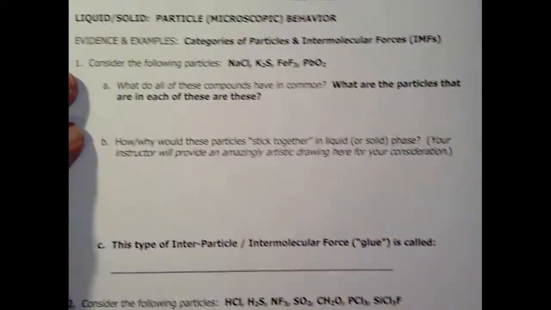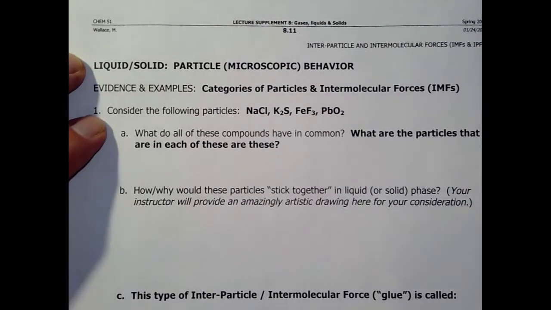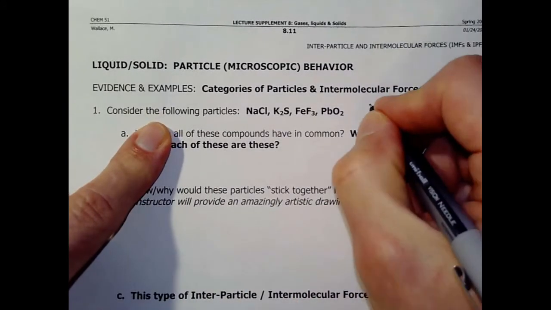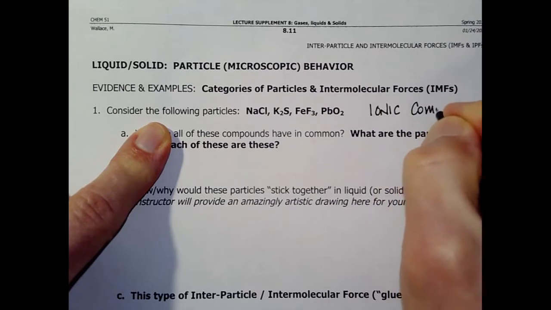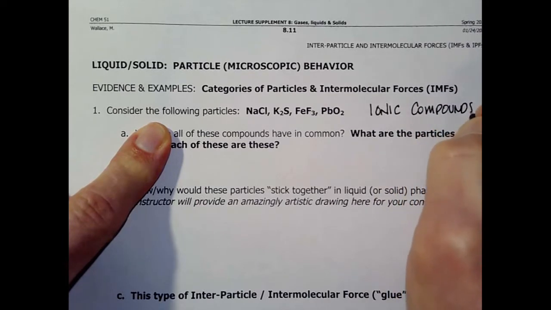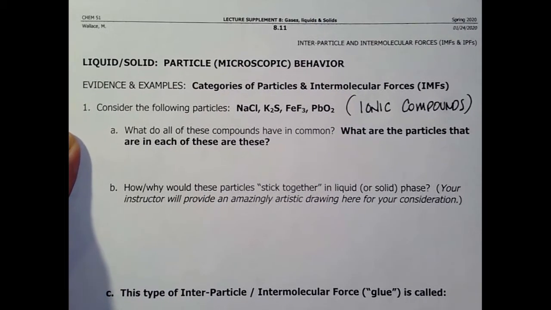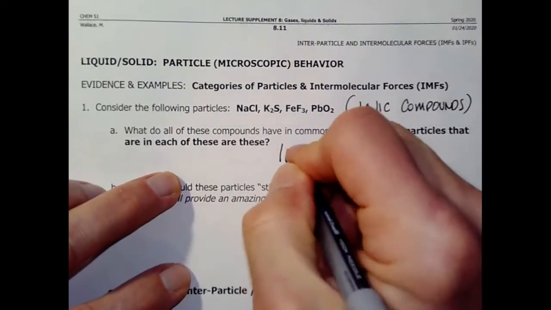So if we go to page 8.11, we're coming back to something we already know, which is always the best place to start. If I look at these, I say, oh, you know what? Those are ionic compounds, that we saw in chapter 3. And if I think about what these are really made up of, well, they're ions.